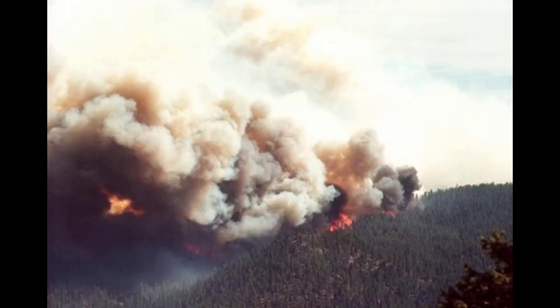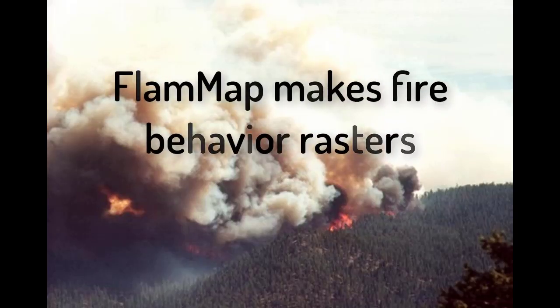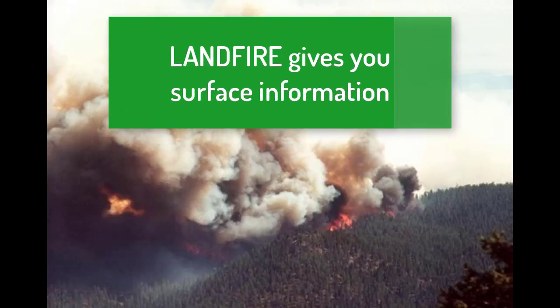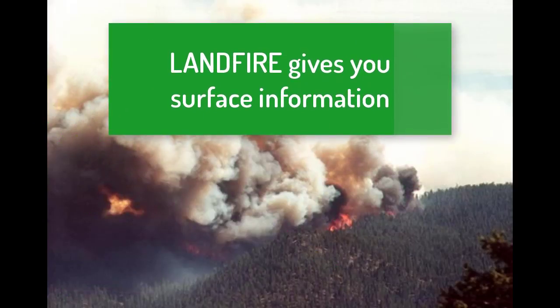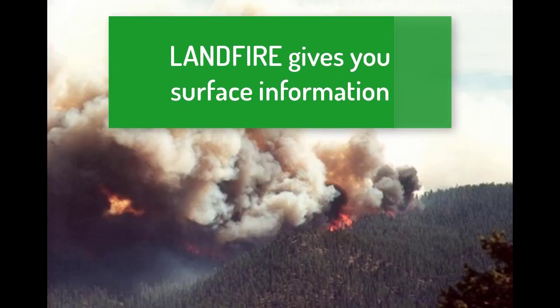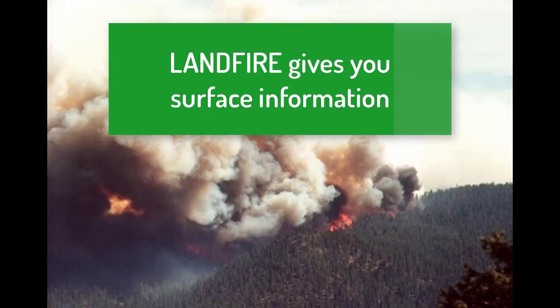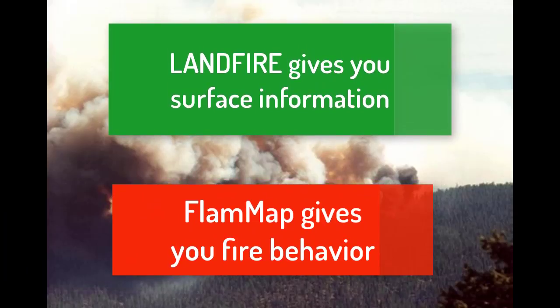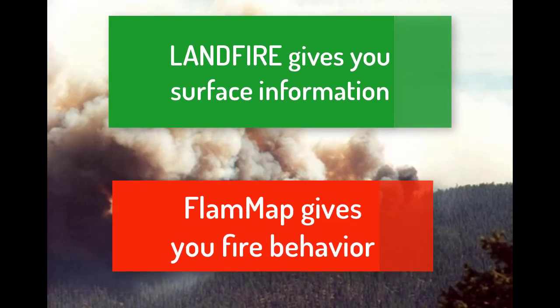But the point that you need to remember is that you're using this other program called FlamMap to produce additional rasters that describe the fire behavior on the site. Through Landfire, you acquired the surface fuel vegetation characteristics layers, these rasters that are about surface fuel, and through FlamMap, you're going to be creating the rasters that you need to understand the potential fire behavior.